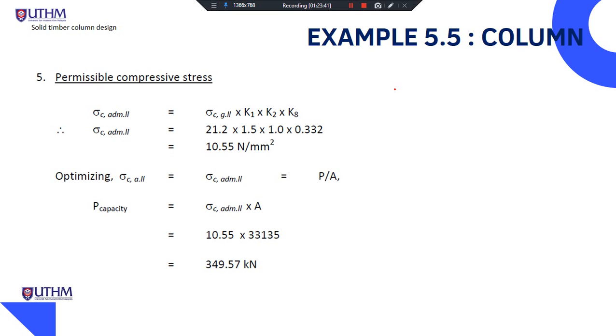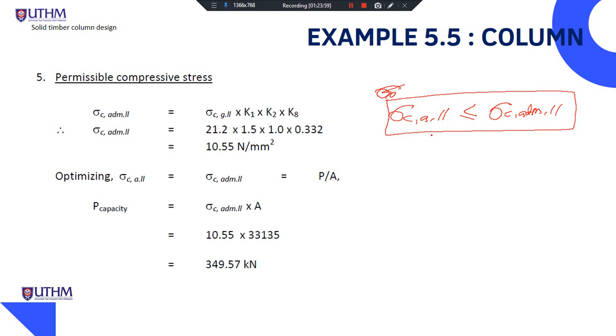So we know that the applied compression stress parallel to grain must be less than or equal to the permissible compression stress parallel to grain. So we need to satisfy this condition.